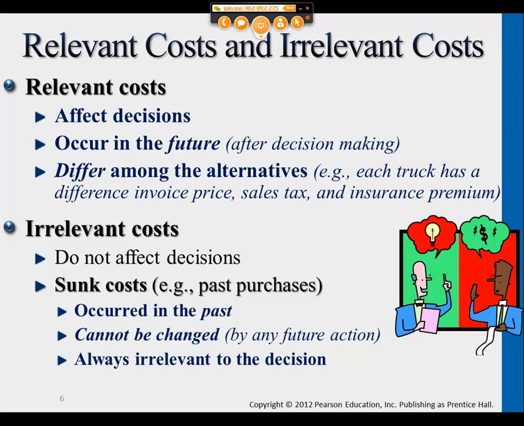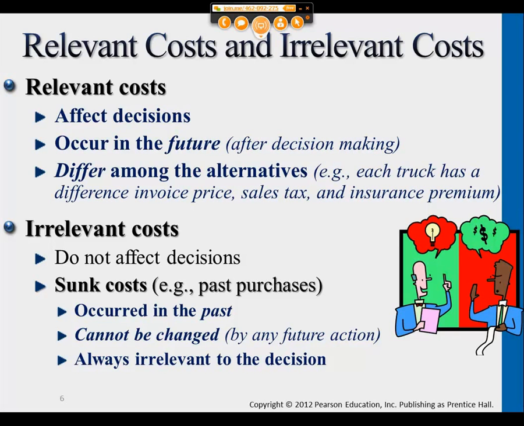So what would be irrelevant costs? They're not going to affect the decision that we're about to make, right? It's our sunk costs. Sunk costs are the ones that are not going to affect my decision right now. An example of a sunk cost is my past purchases.